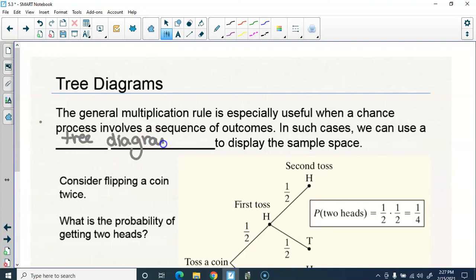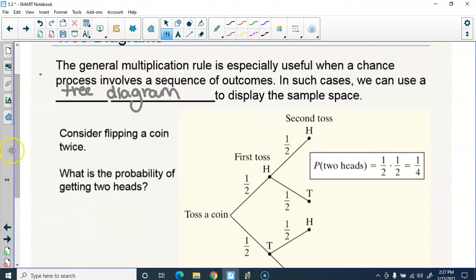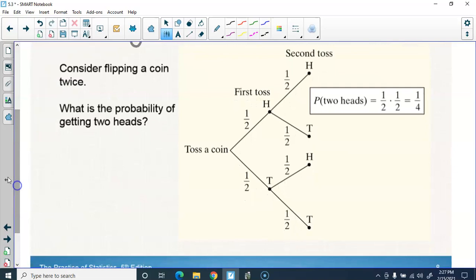The general multiplication rule is especially useful when a chance process involves a sequence of outcomes. In such cases, we can use a tree diagram to display the sample space. So here we are flipping a coin twice. Over here, we just toss the first coin, and there's two outcomes, right? We have heads or tails, and on each of those little lines, we put the probability of each. And then after the first toss, we have heads and tails.